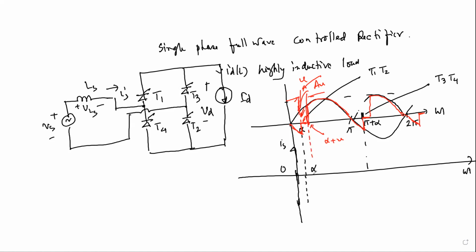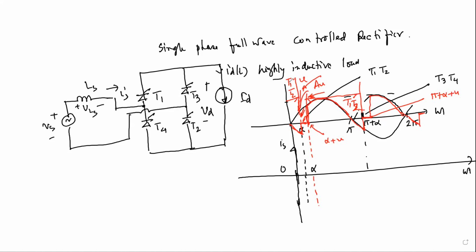If so, then 0 to alpha, the thyristors that should be conducting will be T1 and T2. And then alpha plus u to pi plus alpha, this point will be pi plus alpha plus u.